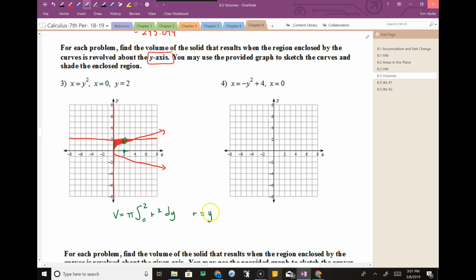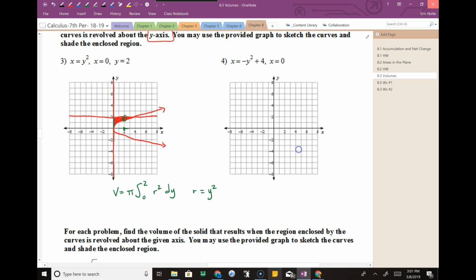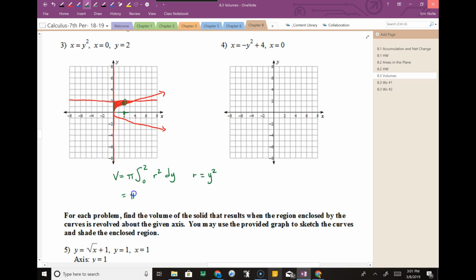Good job. R squared. Okay, so then we just plug this in. It's just going to be pi times the integral from 0 to 2 of y squared.